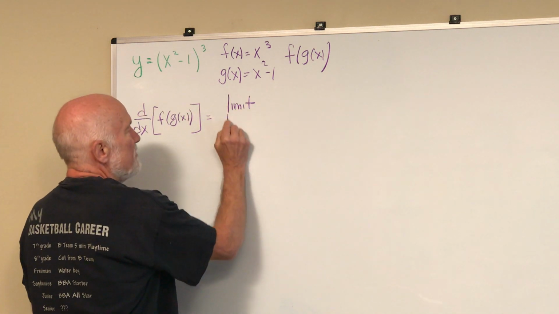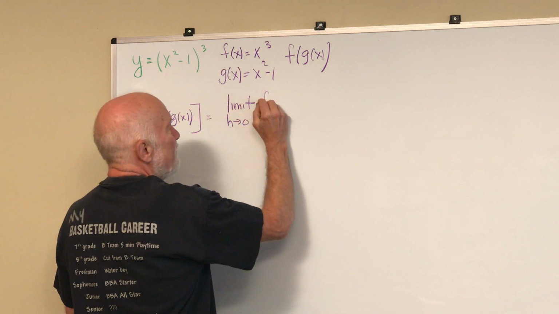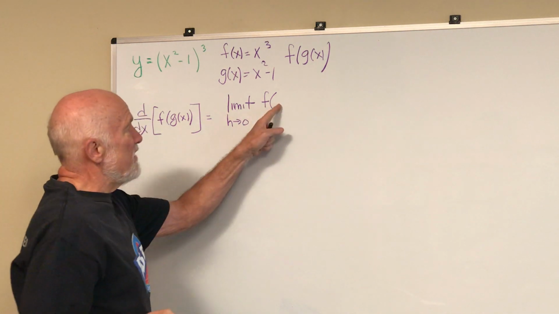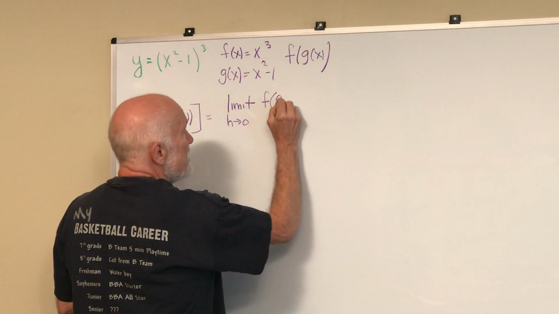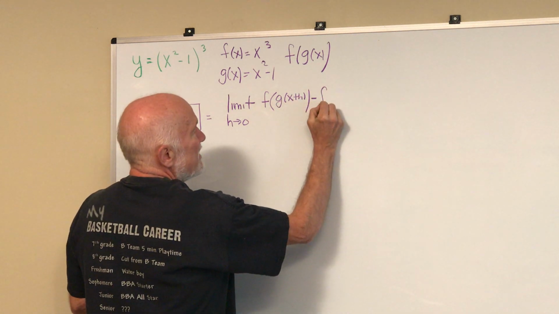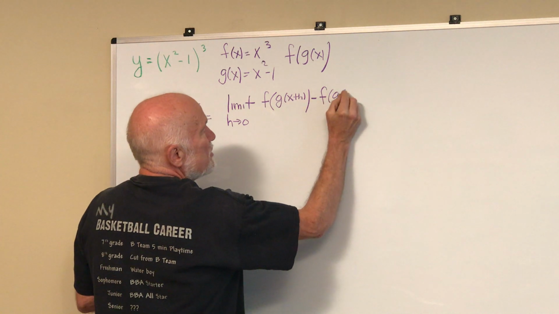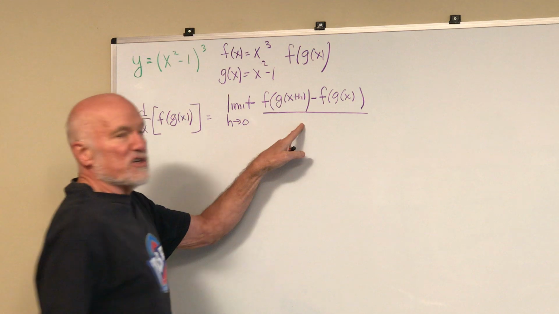So we have to take the limit as h approaches 0, and then we would have, normally it's f of x plus h minus f of x, but in this case it's f of g of x plus h minus f of g of x all over h.